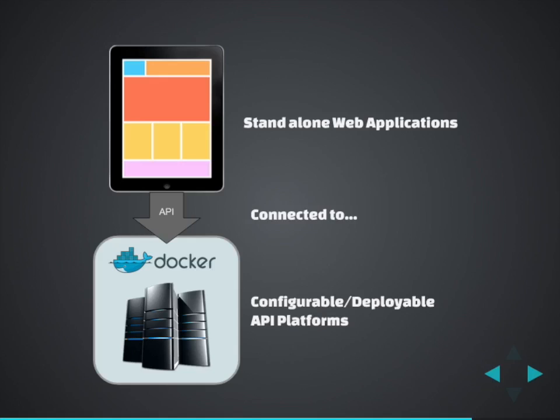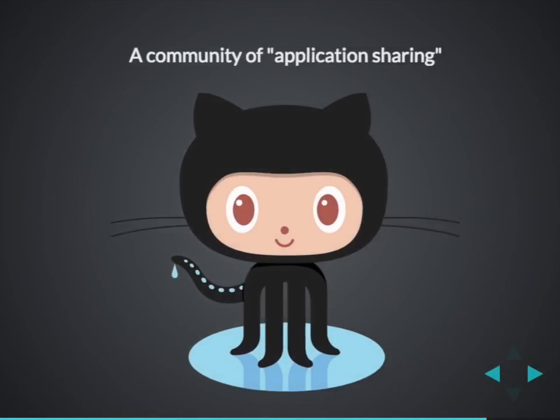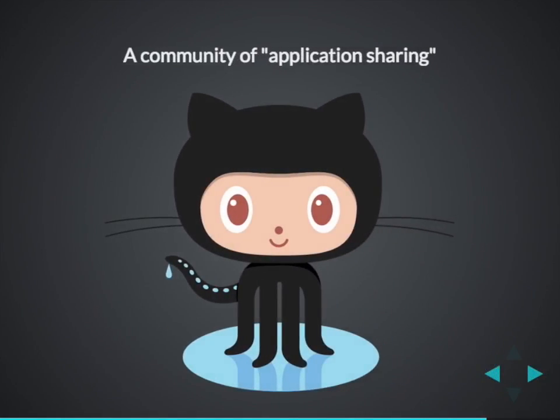Once you do that, you really bring in this new concept that we're starting to explore called a community of application sharing. So here's the idea. On GitHub right now, we share code. We may share some Jekyll websites. We may share some front-end sites.